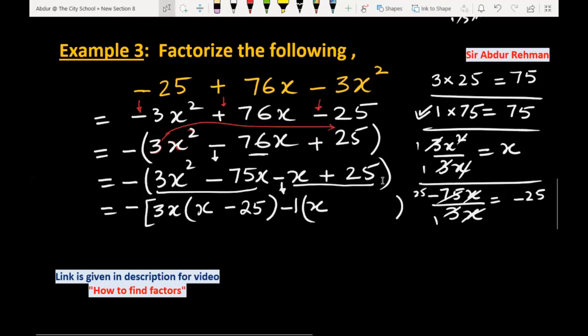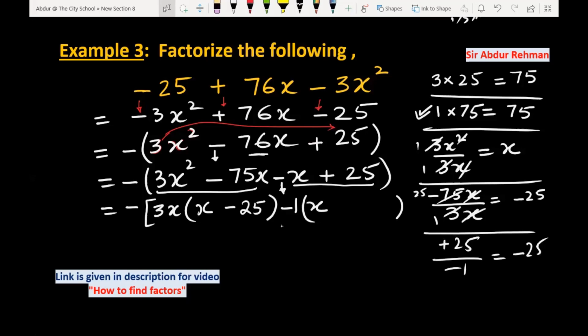And you have to divide plus 25 by negative 1, since minus 1 is common. Plus 25 divided by negative 1 is minus 25. Make sure your brackets are the same. It is x minus 25, and it is also x minus 25. So you have to proceed to the next step.